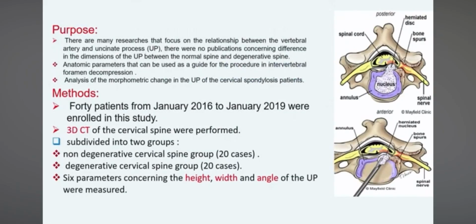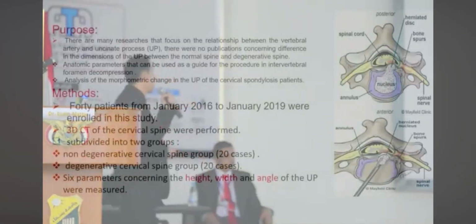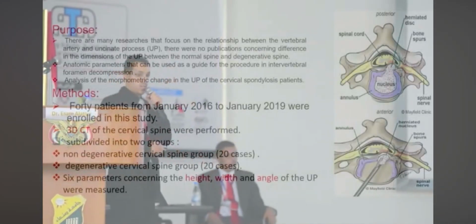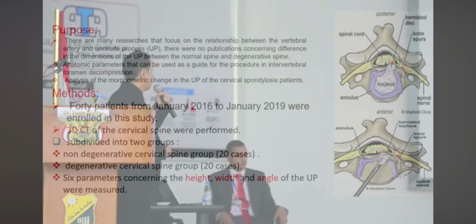The purpose of our study: there is a lot of research that focuses on the relationship between the uncinate process and the vertebral artery, but there is no population considering the difference in the uncinate process between normal and degenerative patients.